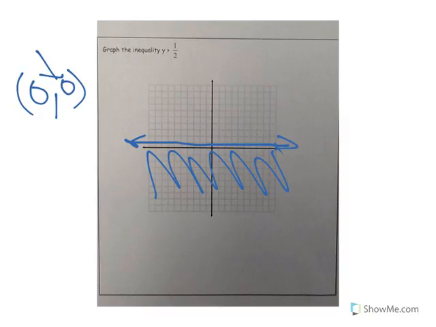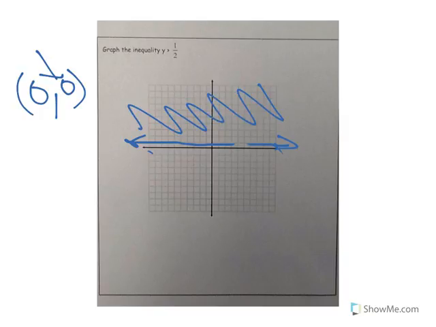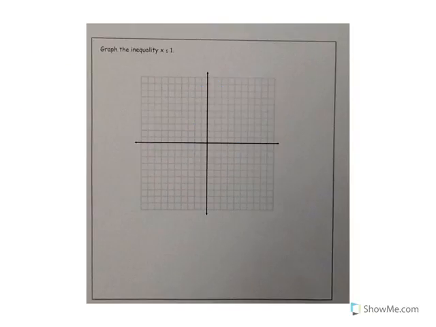So in this case, everything above the line is true. And one more time, don't forget, it's not a filled in line because instead it has this inequality symbol that is not equal to. It's just y is greater than 1/2. And that makes sense that it would be above there.